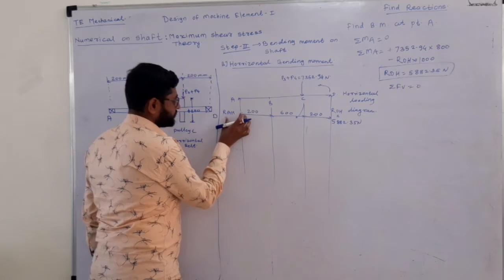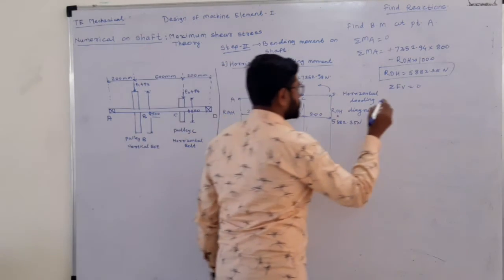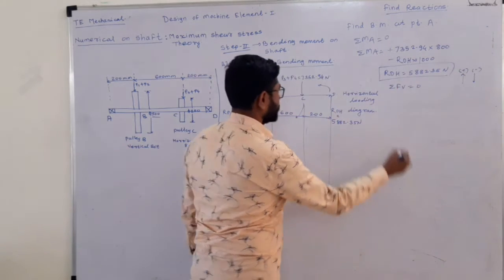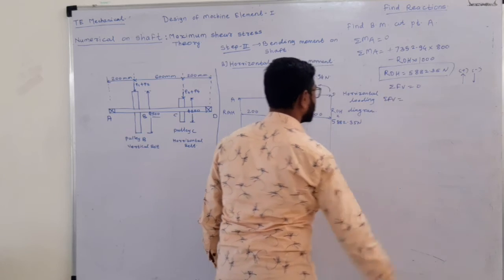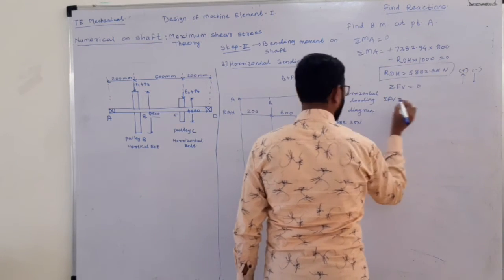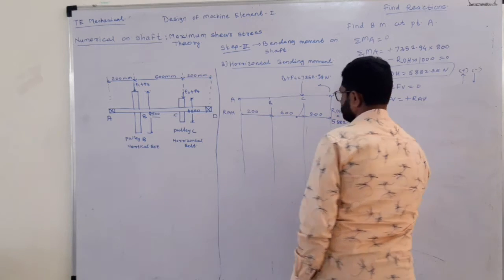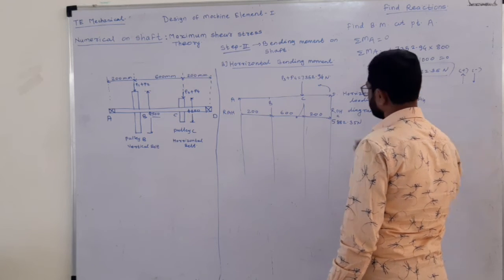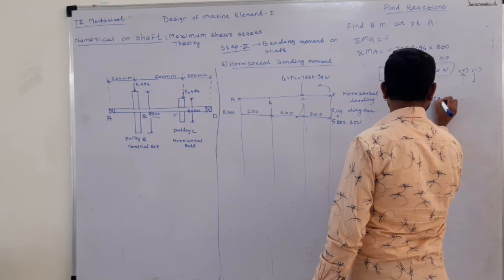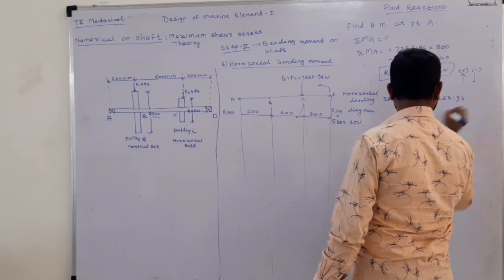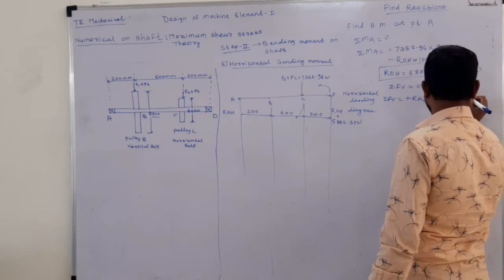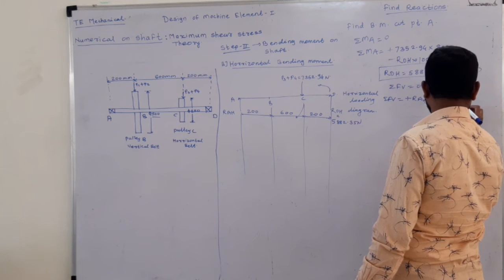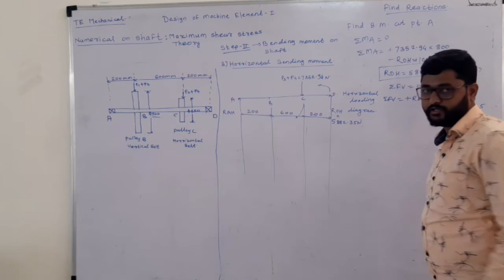So here again 3 vertical forces are there. So consider upward force positive, downward as negative. So here summation FV is equal to plus RAH minus 7352.94 plus this RDH force is acting upward 5882.35.